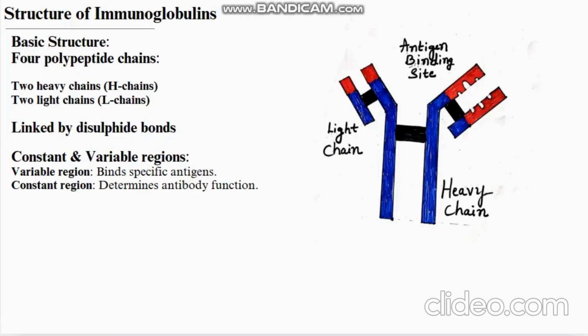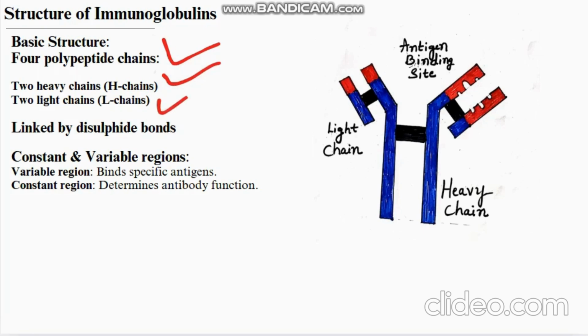So in this slide, we can see the basic structure of immunoglobulins, or you can say antibodies. The basic structure usually contains four polypeptide chains. Among these four polypeptide chains, two are called heavy chains and two are called light chains.